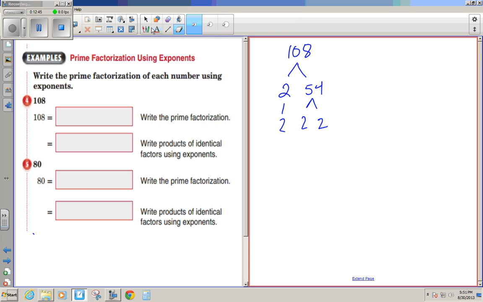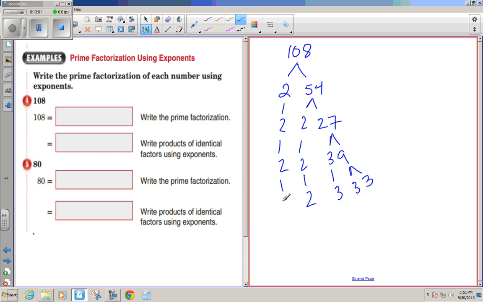Sorry, this is 27. 2 times 27. 27 is 3 times 9. 9 is 3 times 3. And now it tells us, write the prime factorization. We have done that. This is the prime factorization right there.